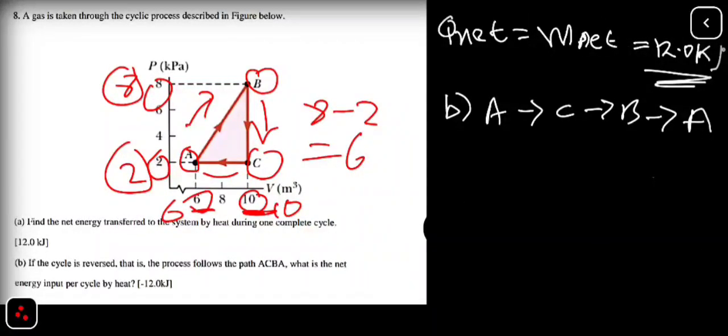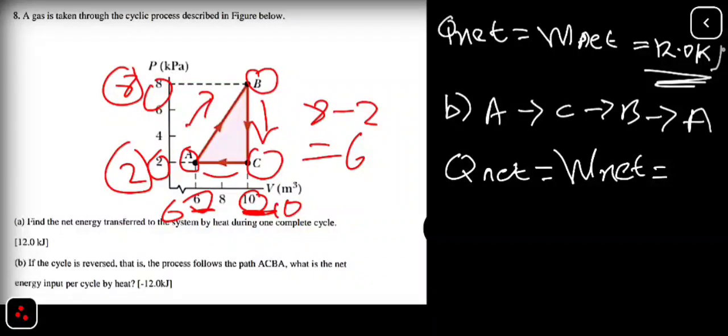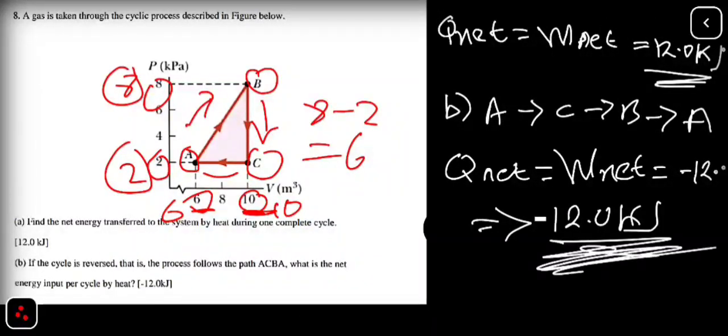In the first question we moved in a clockwise direction. Here our net energy will be equal to negative 12.0 kilojoules.